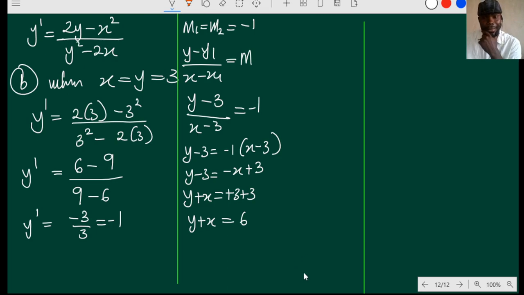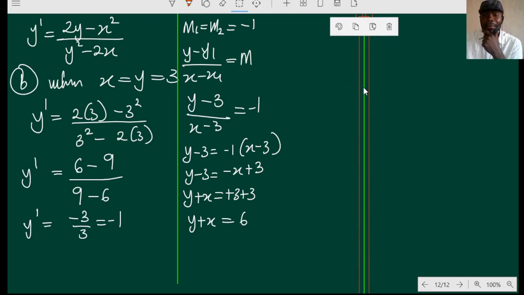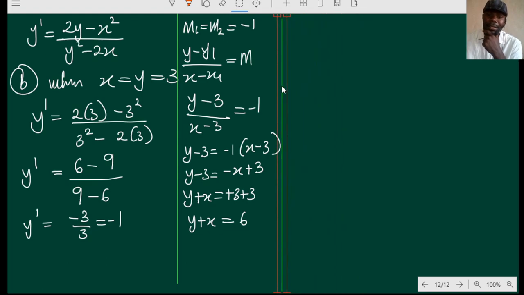So if that is the equation of the tangent, let's now find the C part. How do we find the C part? It says find the tangent if it is horizontal.